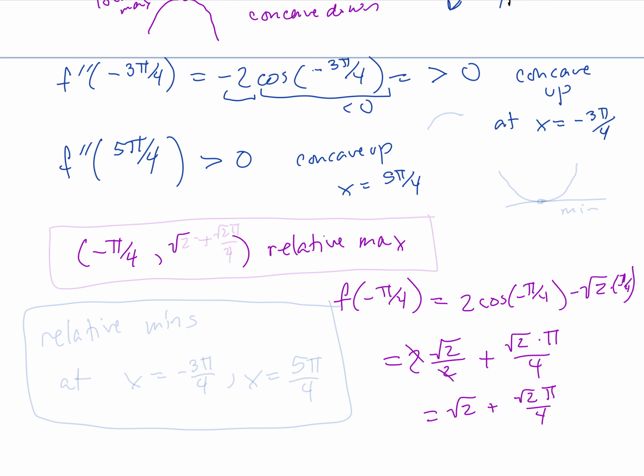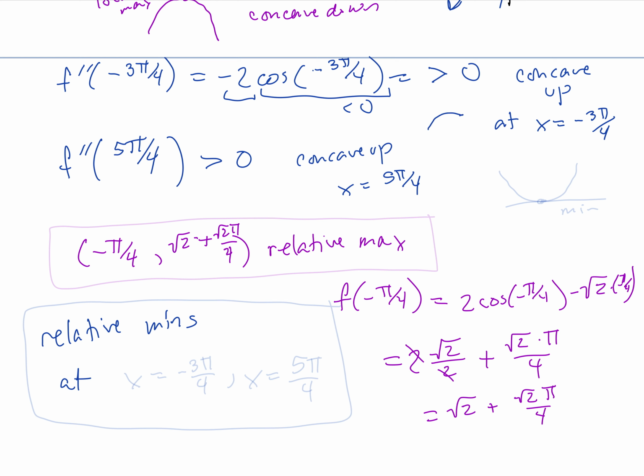Okay, so square root of 2 plus square root of 2 times pi over 4 is a relative max, and we are also going to have relative mins at the other two critical values because we were concave up for those other two critical values.